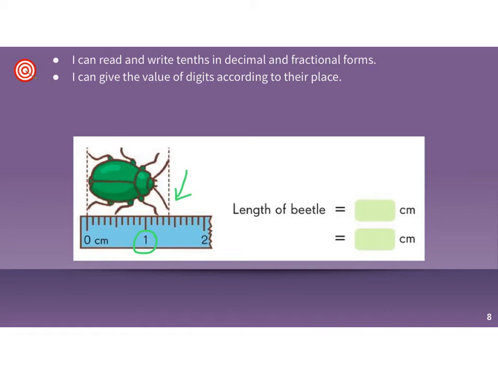So this beetle, we could say, is 14/10 of a centimeter, which really means 10/10 and 4/10 of another. So as a decimal, we would say that is 1 whole and 4/10 of another, 1 and 4/10 centimeters.